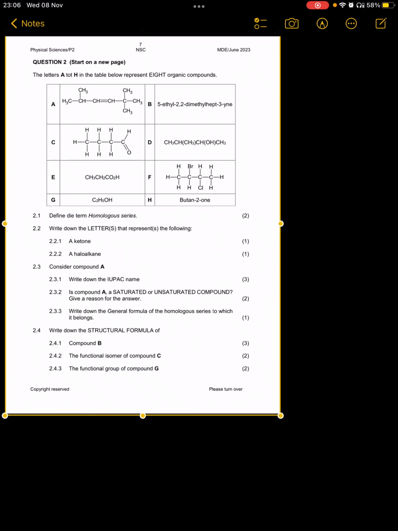But the description given from the exam guideline is that a homologous series is a series of organic compounds that can be described by the same general formula, or in which one member differs from the next by a CH2 group. Right. Then we look at 2.2.1. Let's see.